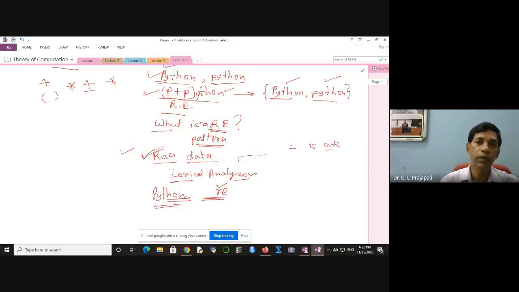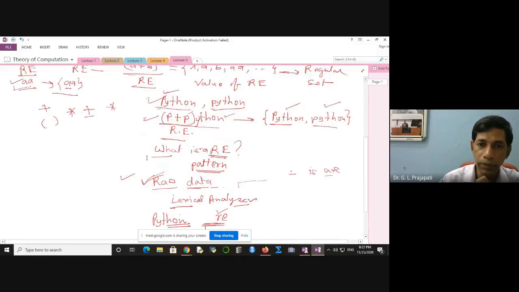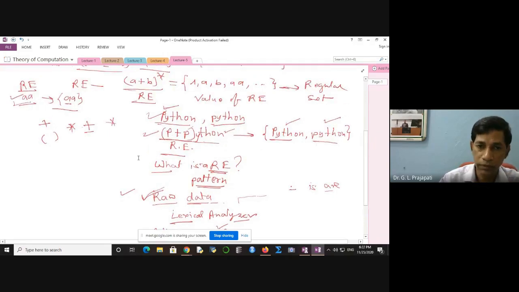Whenever you go for find and replace, you find a particular sentence or pattern and replace it with some other pattern. Unix programming is also rich in this kind of pattern matching. So pattern matching jobs can be done with the help of regular expressions.